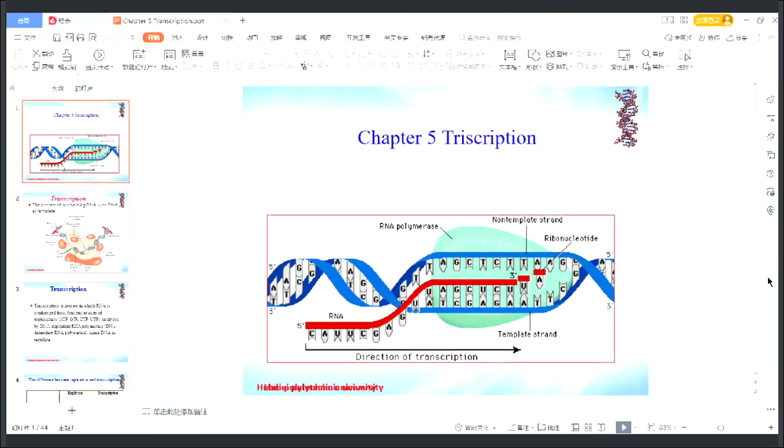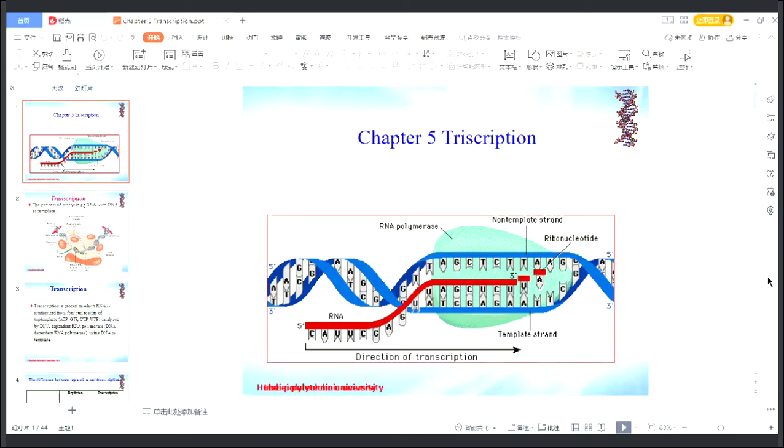And from today, we begin to study transcription. Maybe some students feel this part we already finished in high school. But my students also seem to study replication and transcription also.